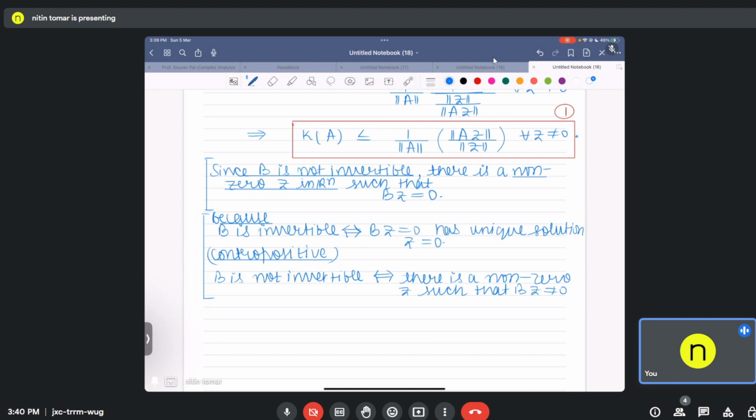So corresponding to this Z, we have a Z non-zero, right?